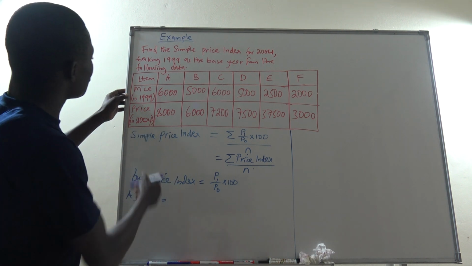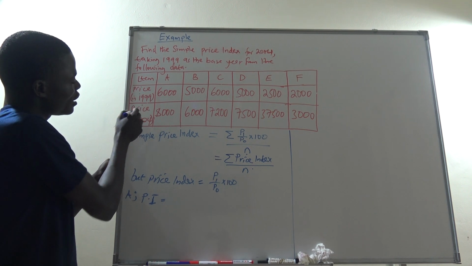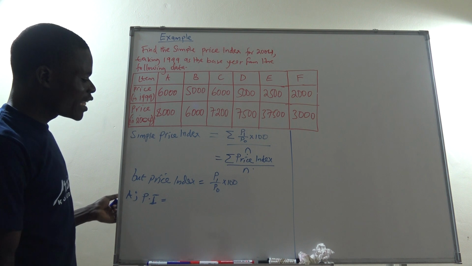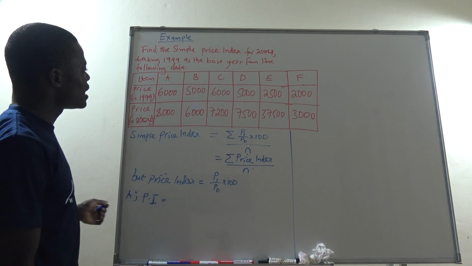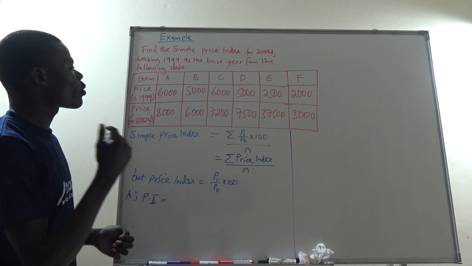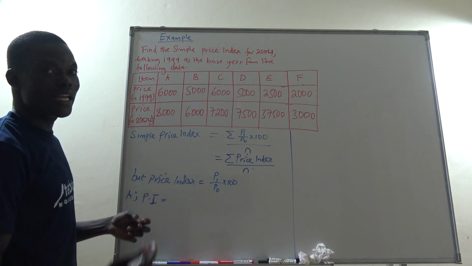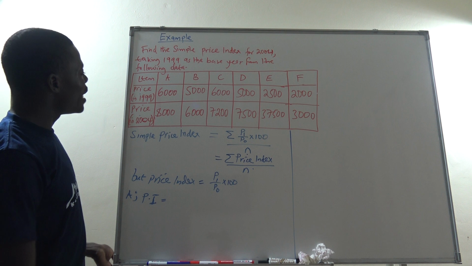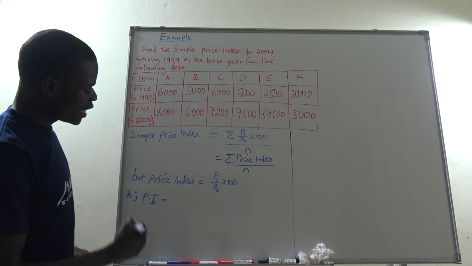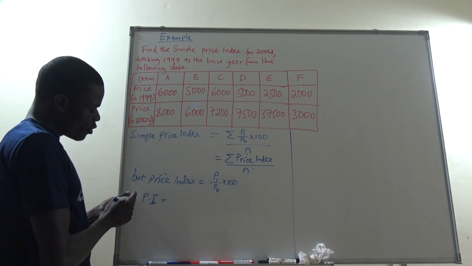Implying this one is our base year and this one is our current year. We know that P1 is for the current year and P0 is for the base year, implying that for each item the price in 1999 is the base year, and the price in 2004 is the current year. So we start with item A.